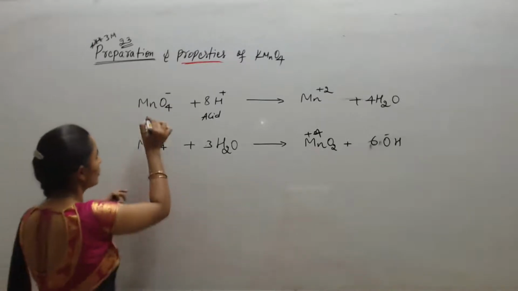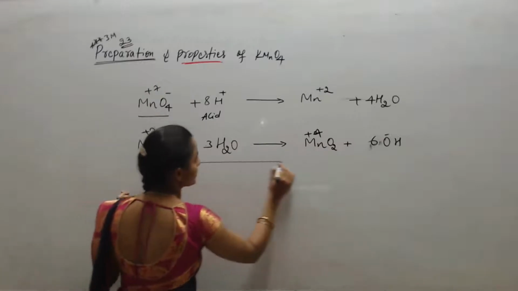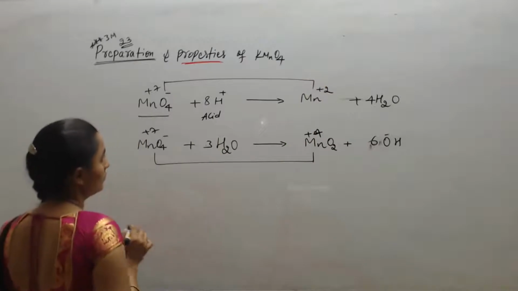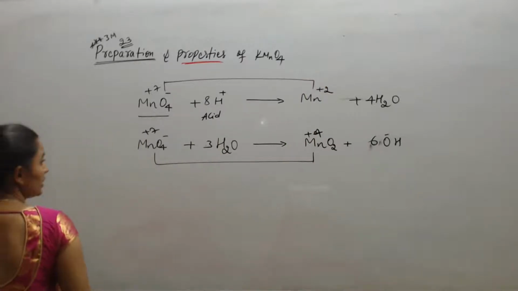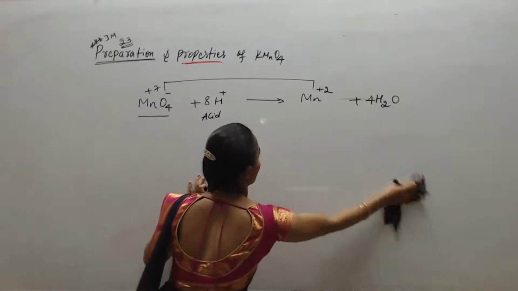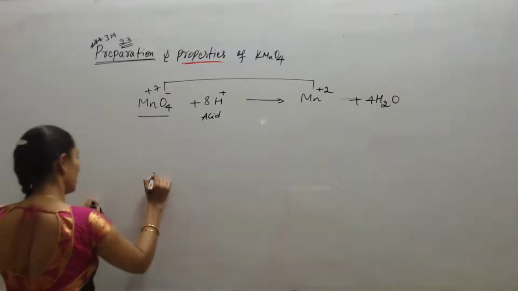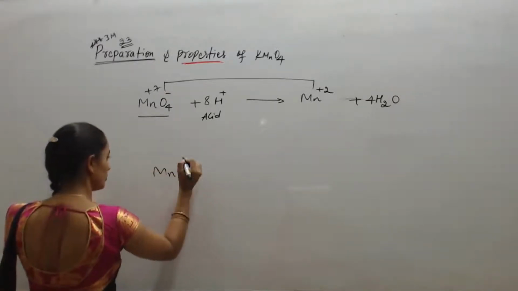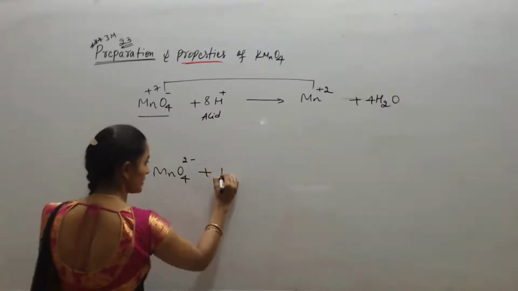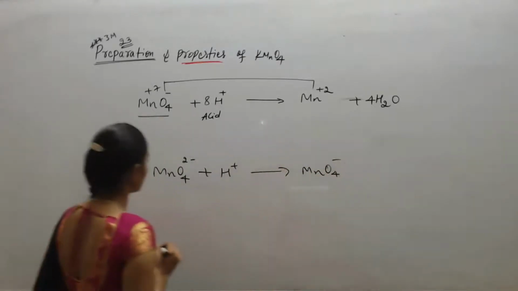This is the balanced reaction which we observe in the alkaline medium and the acidic medium. You check here from plus 7 to plus 2, and from plus 7 to plus 4 in the basic medium. You know the second reaction, that is MnO4 2 minus in presence of acid changes to MnO4 minus.